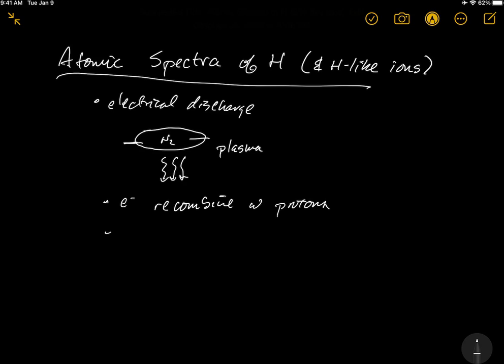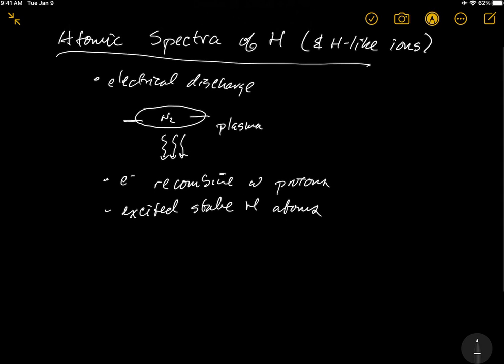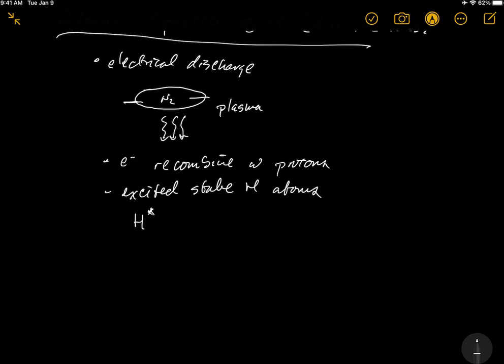You get atoms in the excited state, which we can call H star, and that gives you photons and H in the ground state.